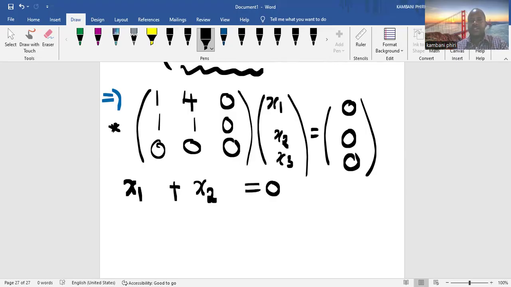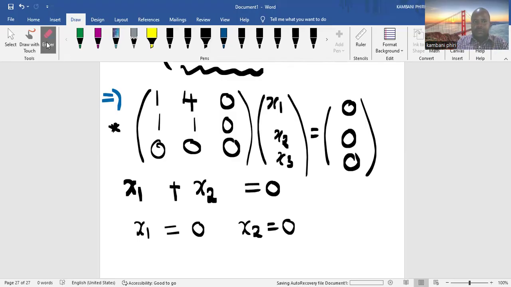From this statement, it simply means x1 must be equal to what? 0. X2 must be equal to what? 0. All right?